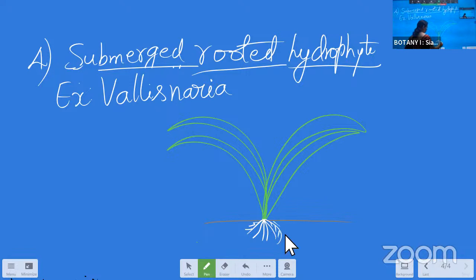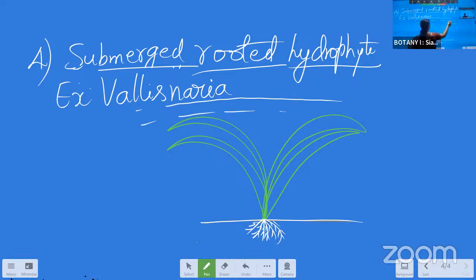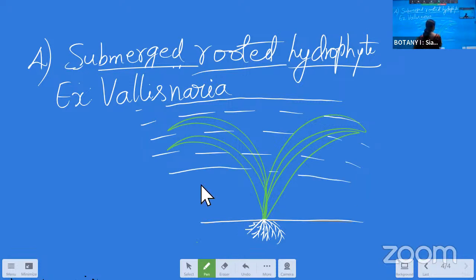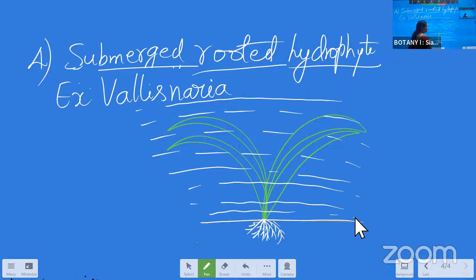Root system is adventitious. Like this. This is the bottom of the lake. This is the Vallisneria, and it is completely present inside the water. That is the submerged rooted hydrophyte. Always we need to draw the water. If we are not drawing the water, it's the wrong representation for the plant itself.